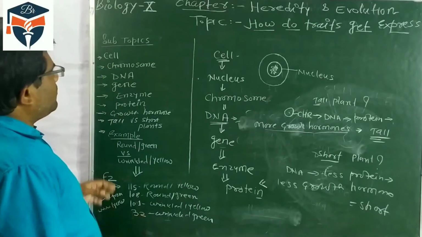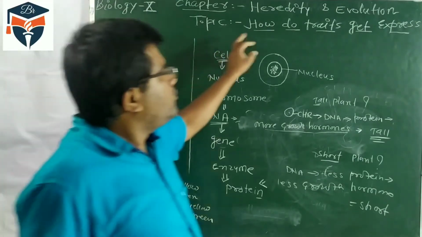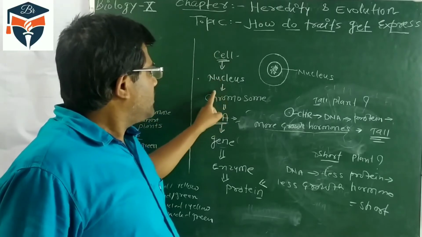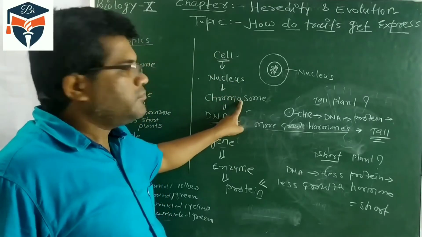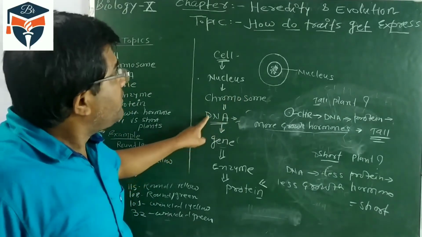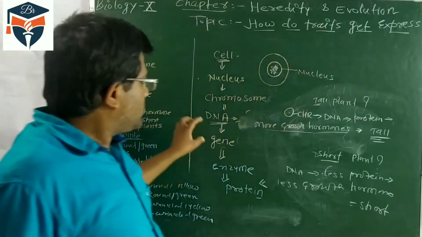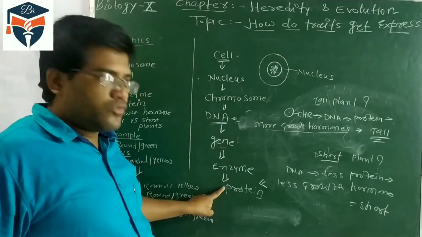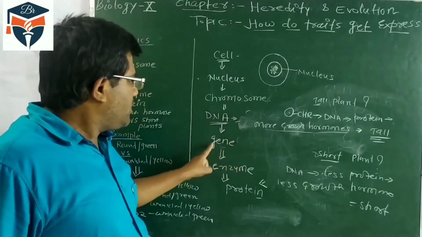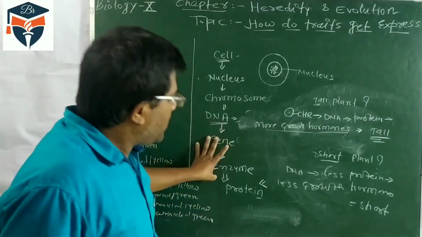So this is some important information: how do traits get expressed? First we should write: inside the cells there is a nucleus, in the nucleus there is a chromosome, which is a thread-like structure, and the chromosome contains DNA. According to the DNA, the trait gets expressed, because DNA is a source of protein: in the DNA there are genes and these synthesize the protein.